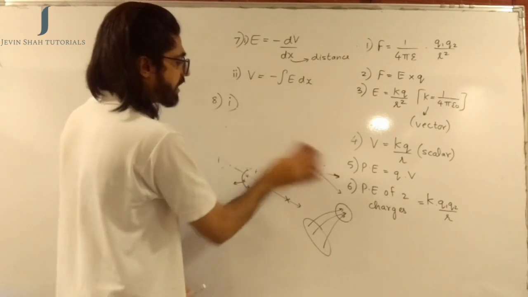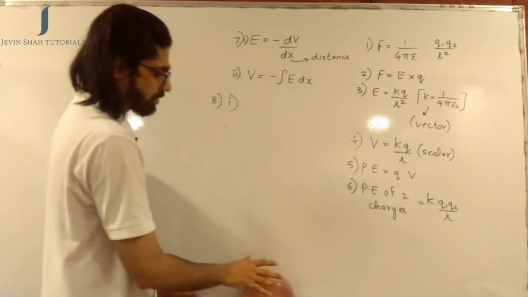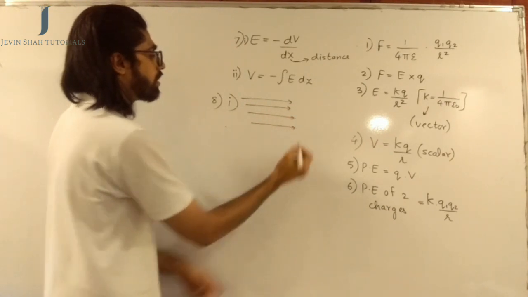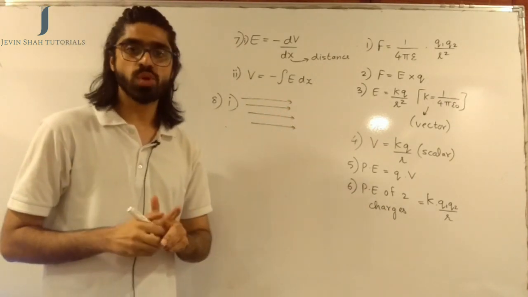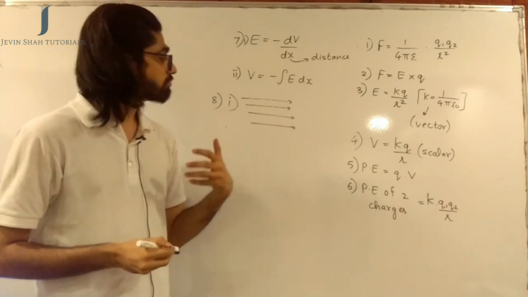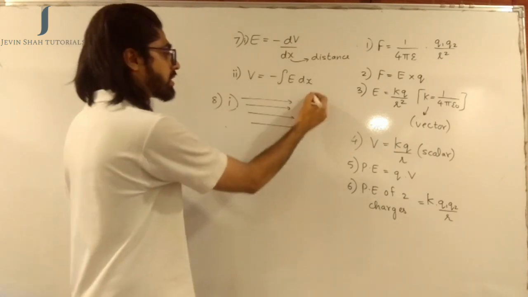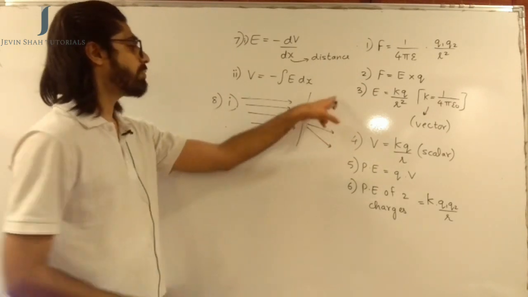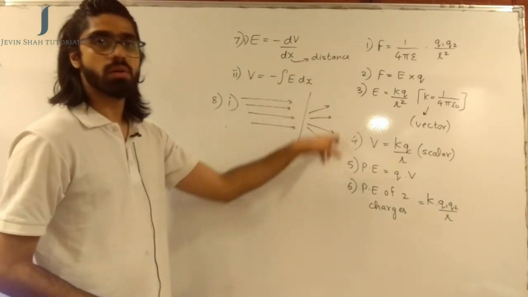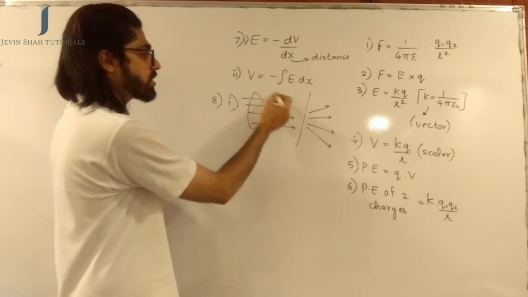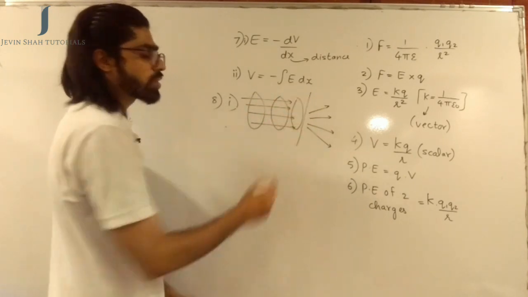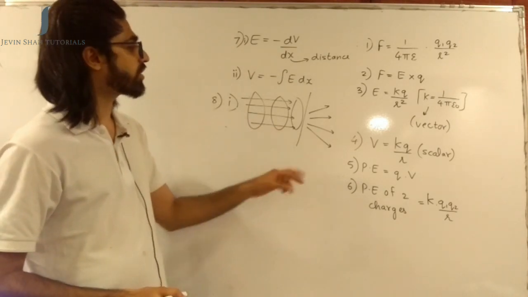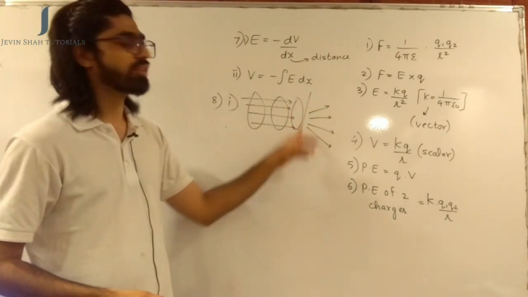The next property can be explained in this manner, that if electric lines of force are like this, then these kind of electric lines of force are going to represent a uniform electric field, whereas if the electric lines of force go like this, these represent a non-uniform electric field, because if you realize the electric lines of force are equally spaced everywhere, so the electric field is equally strong everywhere, and that is why we call it a uniform electric field, and this is a non-uniform electric field.